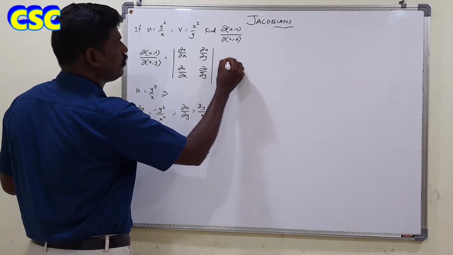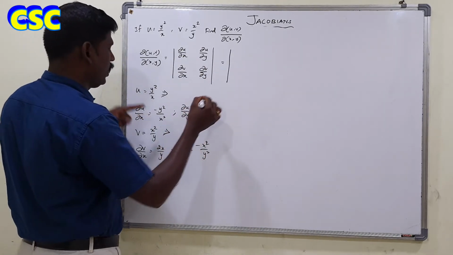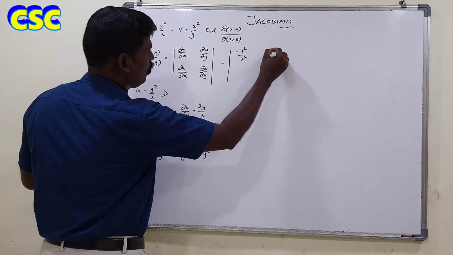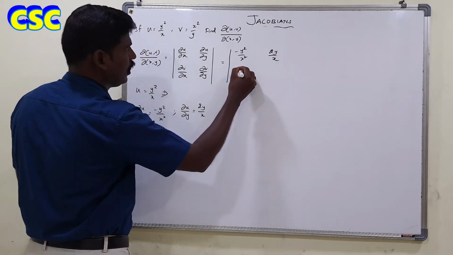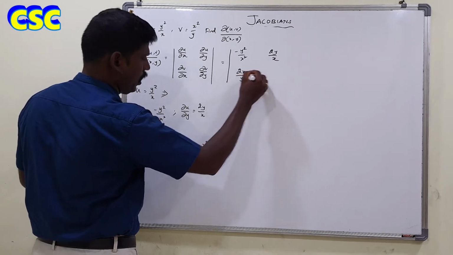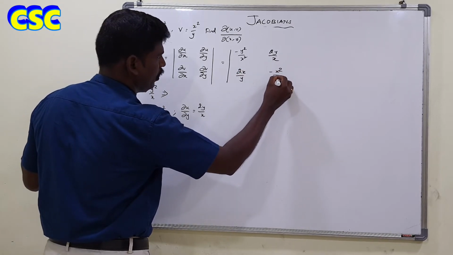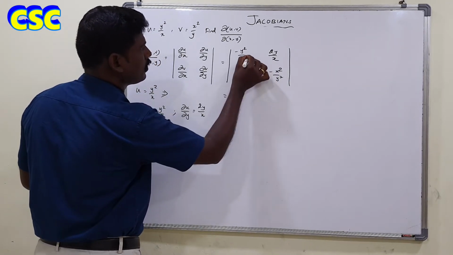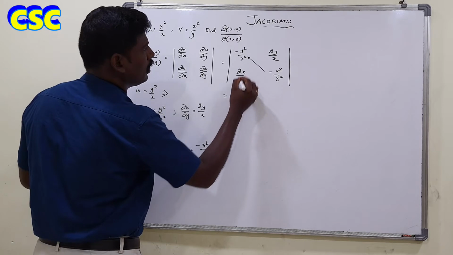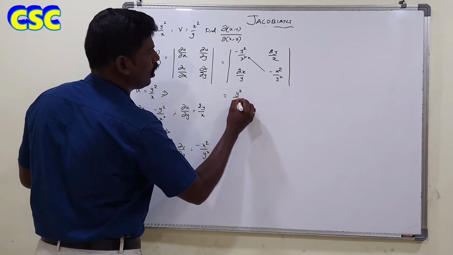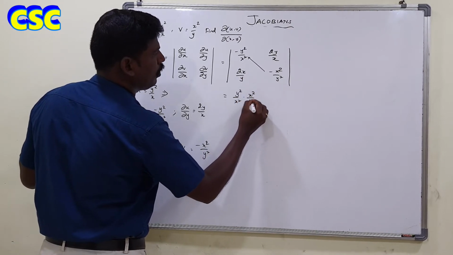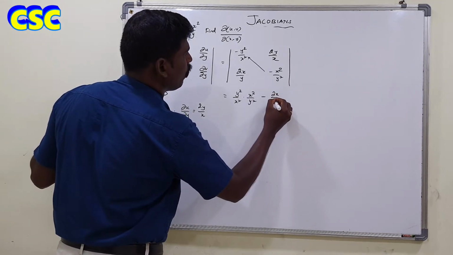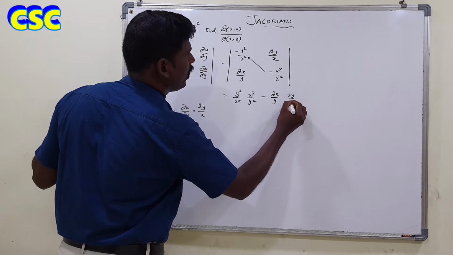So substitute all these values here. What is ∂u/∂x? Minus y² by x². Here 2y by x, here 2x by y, and then minus x² by y², isn't it? So taking the product, minus into minus is plus: y² by x² into x² by y², minus the product between these two, so 2x by y into 2y by x.